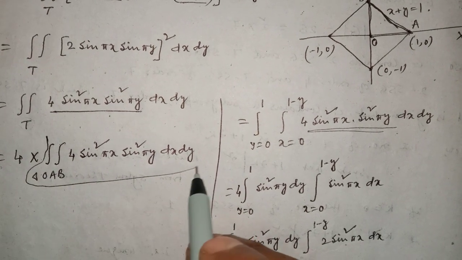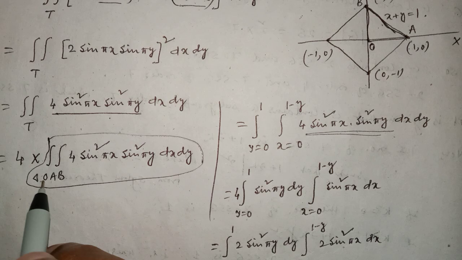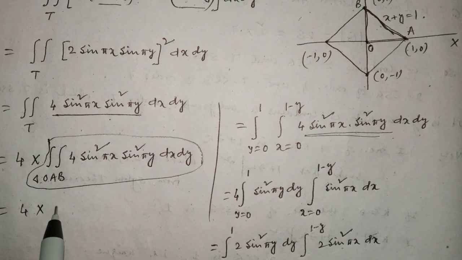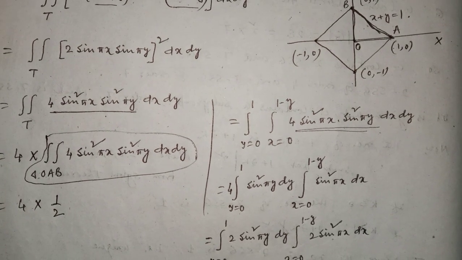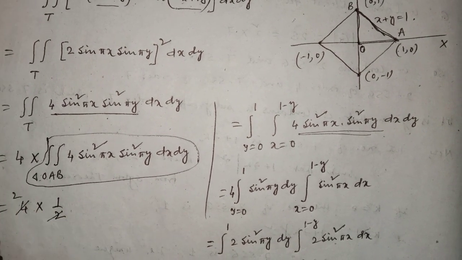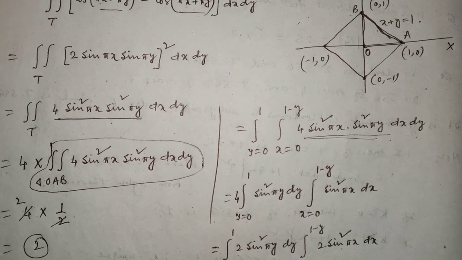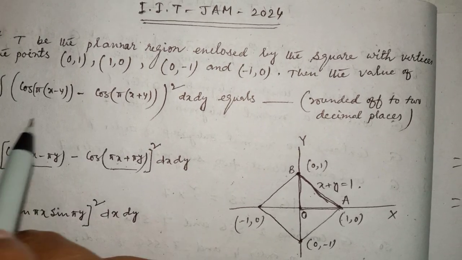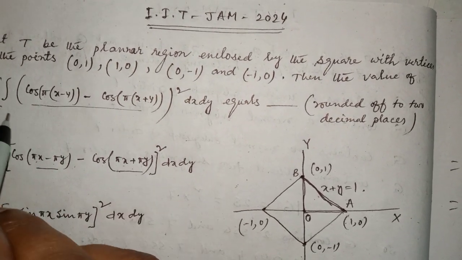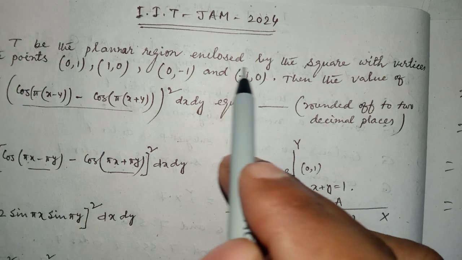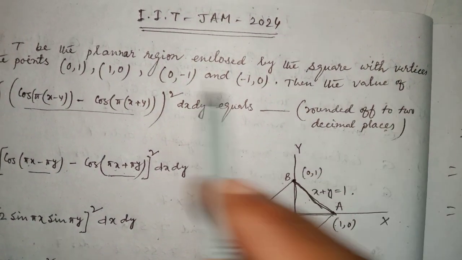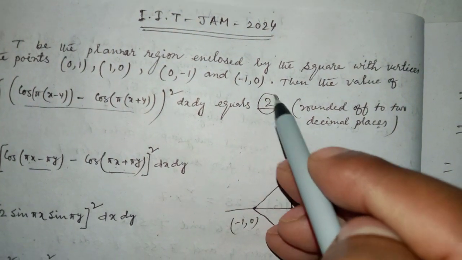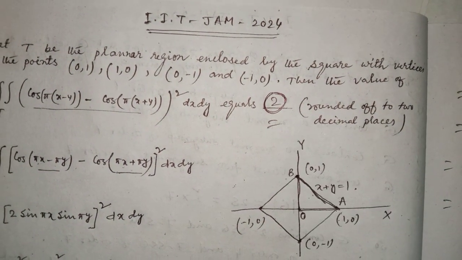The integration of the function over the triangle OAB is 1 by 2, so 4 into 1 by 2 is equal to 2. So the integration of the function over the region enclosed by the square with vertices at these points is 2. Thank you.